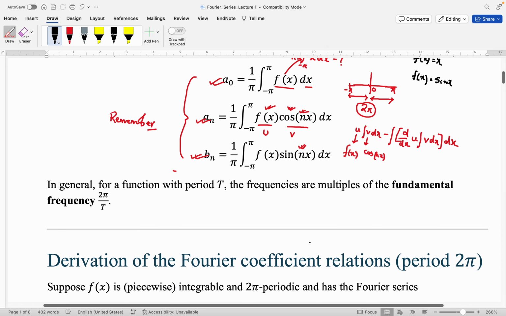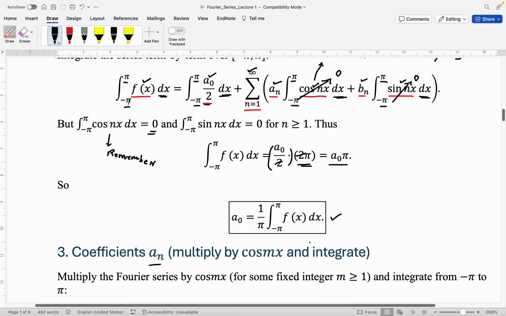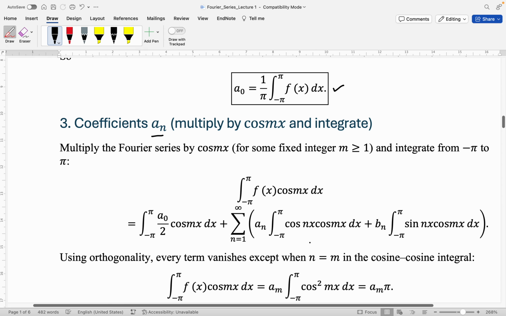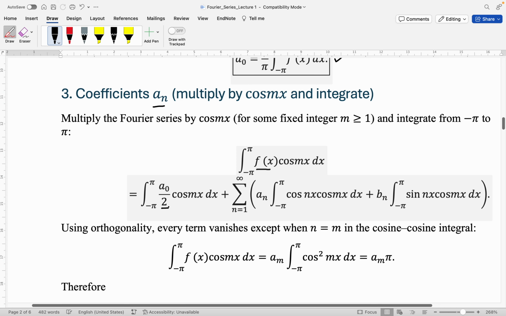So to derive the coefficient of an, I take the same Fourier series f(x) = a naught by 2 plus summation of an cos nx plus bn sin nx, multiply both sides by cos mx, and then integrate from minus pi to plus pi with respect to dx.